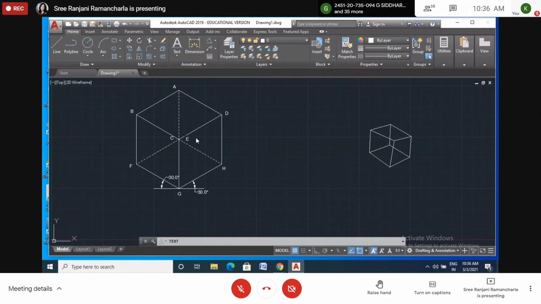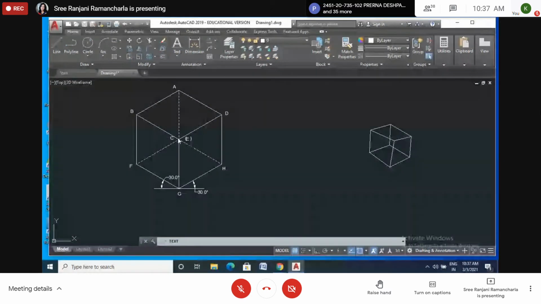So for your convenience, I will show it in brackets. Don't get confused here. E is in the bracket, which means this corner, the hidden one, is E, and the one we can directly see is C. So diagonal EC is perpendicular to VP.